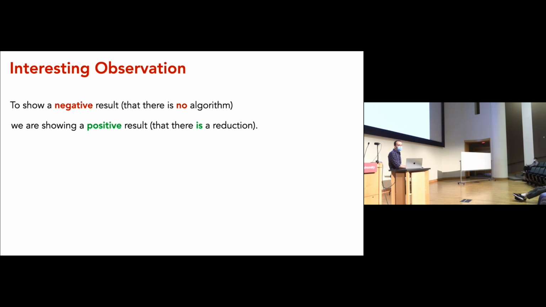One interesting observation here is that to show a negative result, that there is no algorithm, that something is undecidable, we're showing a positive result, that there is a reduction, and the reduction is actually an algorithm. So we can show something negative by showing something positive, that there exists an algorithm. Of course, we have to start with something undecidable first. But just a small remark there.